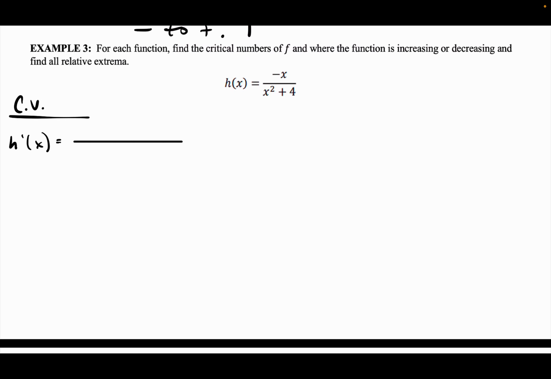To do that, I need to use the quotient rule. Low squared on the bottom. So low times the derivative of the high, which is negative 1, minus the high times the derivative of the low, which is 2x.